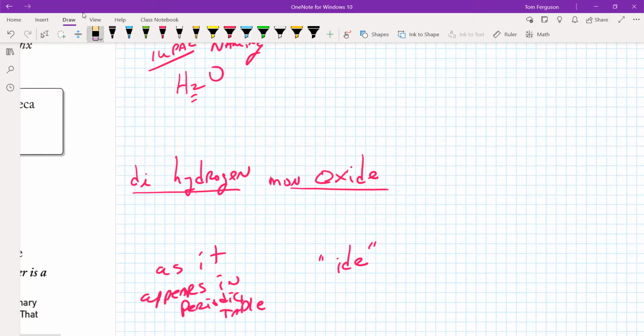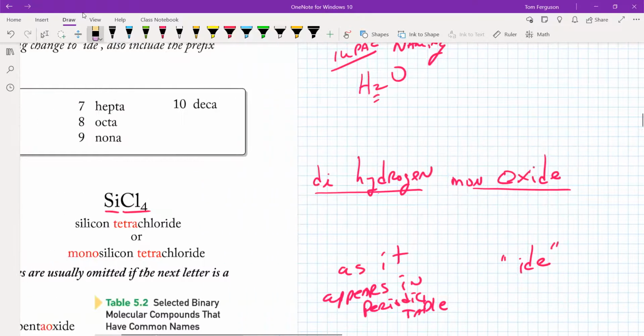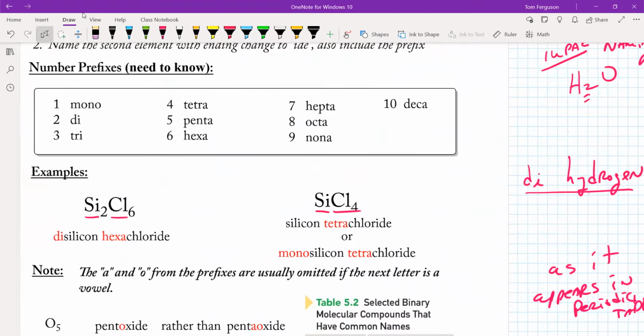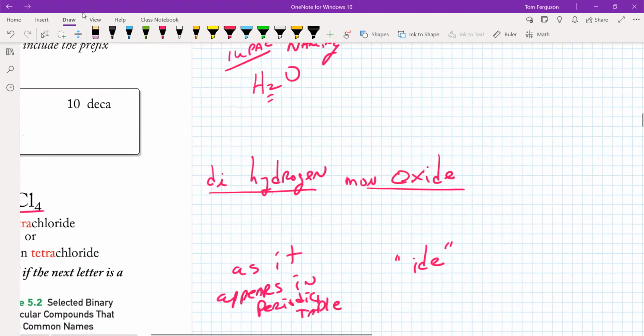Now, if you have one in the beginning, for example, this silicon tetrachloride, you can leave off the mono if it's in the beginning. If it's for the second atom, you have to put the mono in. Okay, so the mono in the beginning is optional, but it's not for the second one. So the monoxide has to be there.